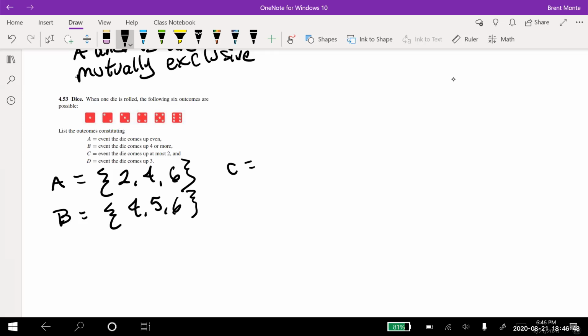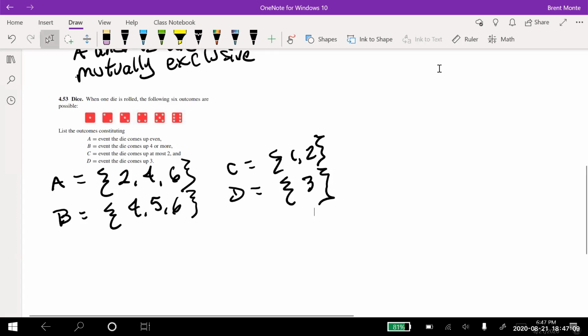C would say the die comes up at most 2. That means it's 2 or less. So it can come up as a 1 or a 2. And then D would say the event comes up 3. Well, obviously the only thing in the set brackets is 3. Those are usually called braces, by the way, not brackets. Okay, so that was pretty quick.